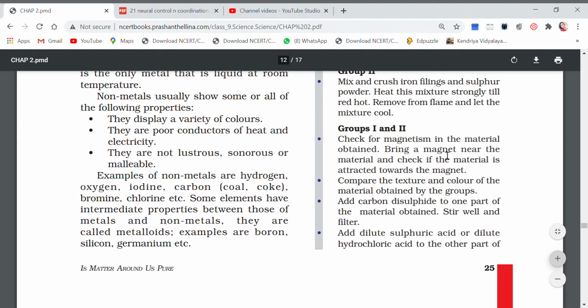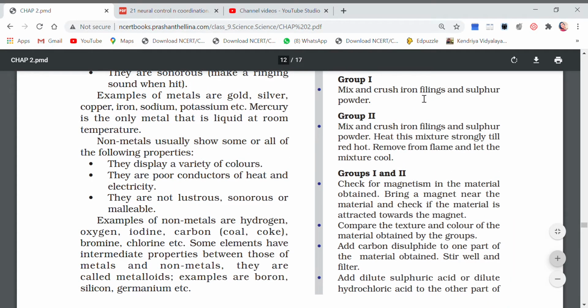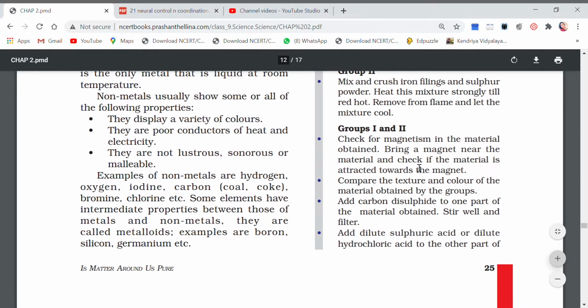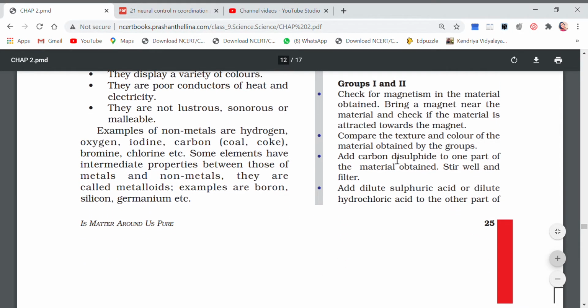Right? You see, check for magnetism, bring the magnet near both of them, you know what is the result. Then I also ask you to see the texture and the color. Will you see some difference in the texture of both the groups? Yes, of course, there will be a difference in the texture and color.